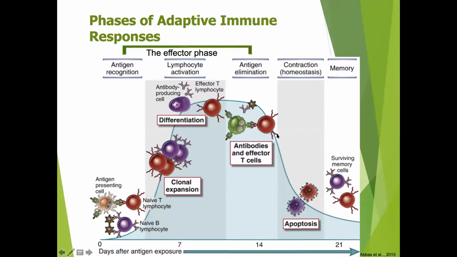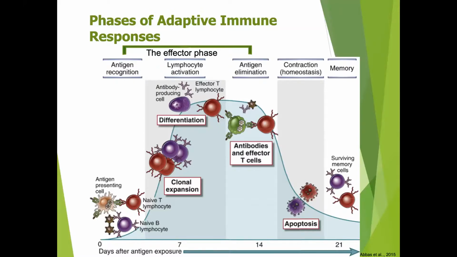Once it manages to destroy what it needs to destroy, an important part of the immune response is contraction or homeostasis. You do not want to have a continuous state of this heightened immune response or a pro-inflammatory response, because that is damaging, obviously. So one of the phases is this contraction or homeostasis, which involves the apoptosis of these cells that are no longer necessary.